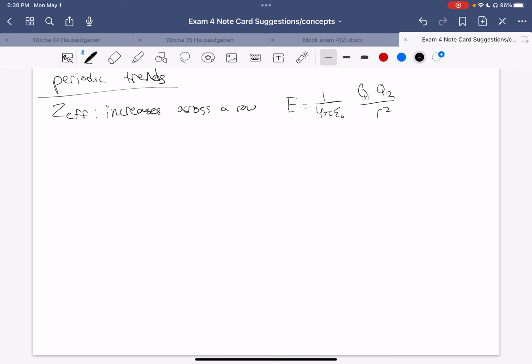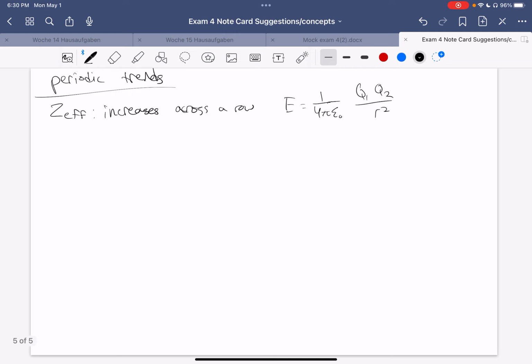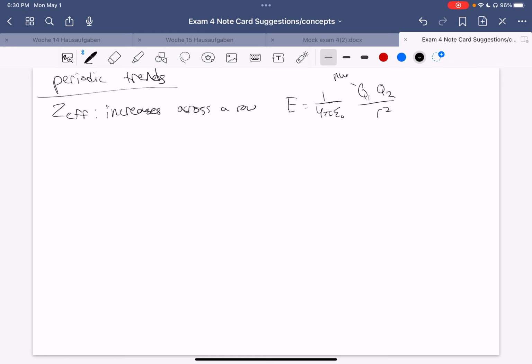And as explained in the mock exam video, we can treat this charge as the nucleus and this charge as the electrons. Whenever that charge product is greater, there's going to be a greater interaction between the nucleus and the electrons, specifically the valence electrons. So whenever Z effective is greater, the outer electrons are held more tightly.